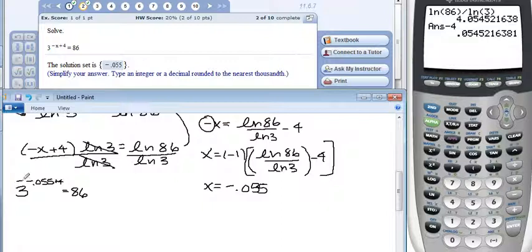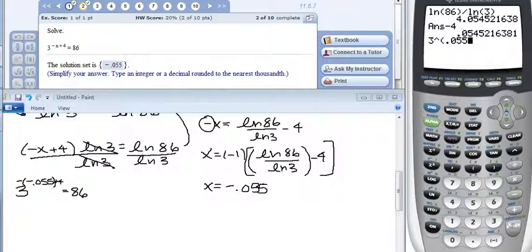This is negative. Forgot. Negative, x is negative, so the opposite sign of a negative is like a positive, correct? So I take the opposite sign, which would be 3 raised to the 0.055 plus 4 power.